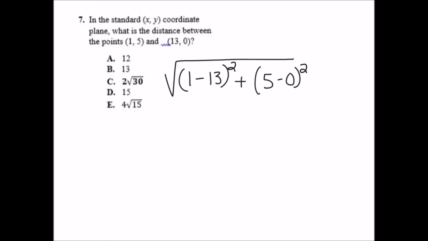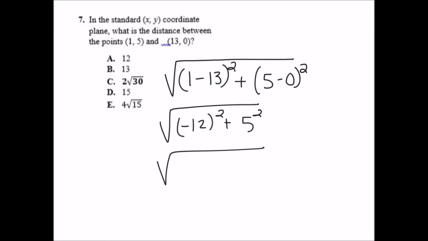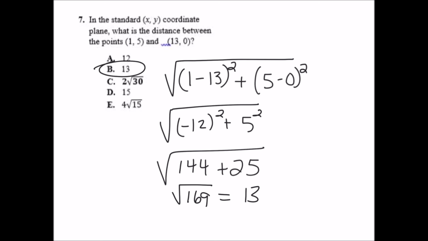This gives me the square root of negative 12 squared plus 5 squared. Well, negative 12 squared is 144 plus 25, which becomes the square root of 169. You can use your calculator to find that the answer is 13. The correct answer is B.